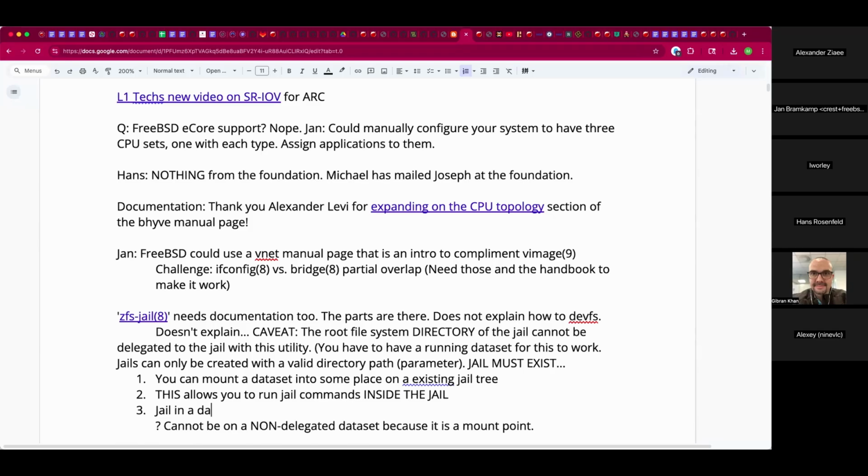You have to set allow.mount and allow.mount.zfs for that to work. You have to set enforce_statfs to 1 or 0, not 2, I think, for it to work correctly as well. So there are a bunch of caveats to make this work.